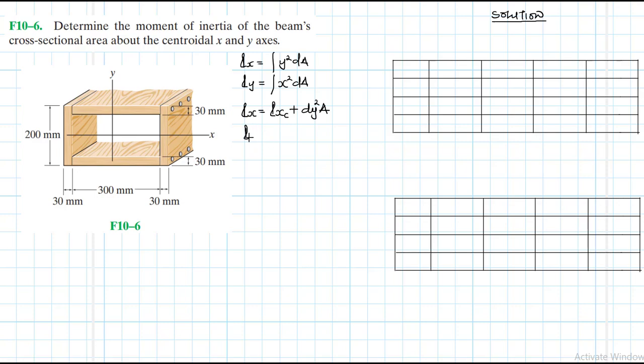The moment of inertia about the y-axis using the parallel axis theorem is I sub y equals I sub yc, the centroidal moment of inertia about the y-axis, plus dx squared times area. Our dx in this case is also going to be defined as our x curled, and dy will be defined as our y curled.